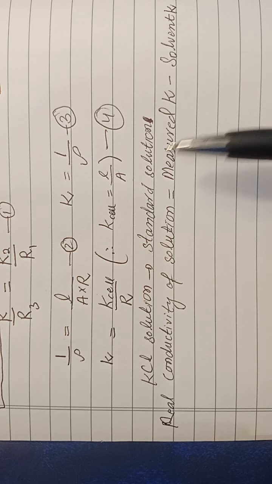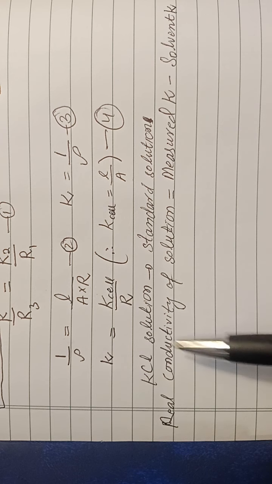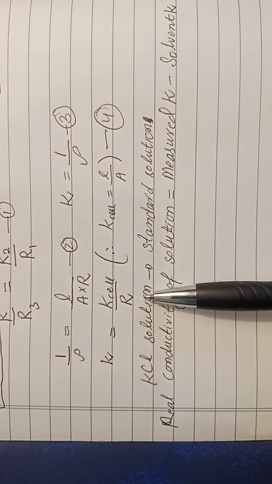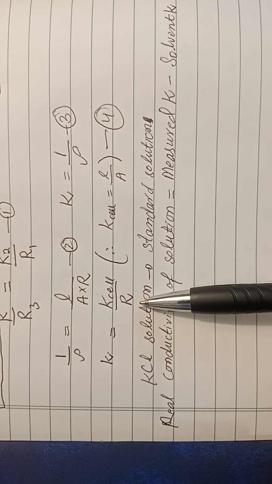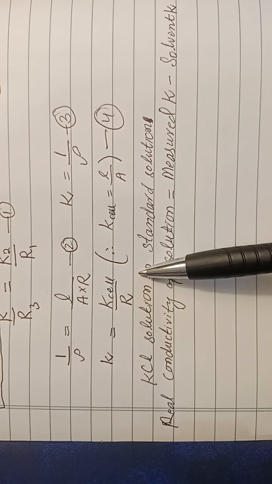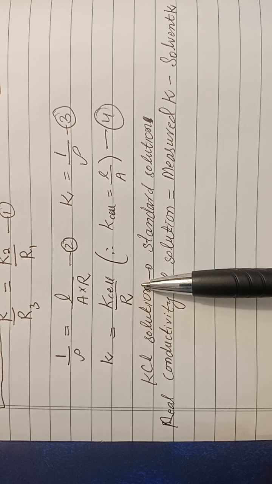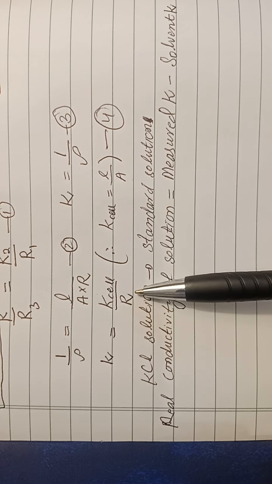Equation 4 is applicable for the measurement of conductivity of electrolyte solutions, and we can see that the concentration term is not given here, which shows that the conductivity measured using this equation will vary with variation of the concentration.